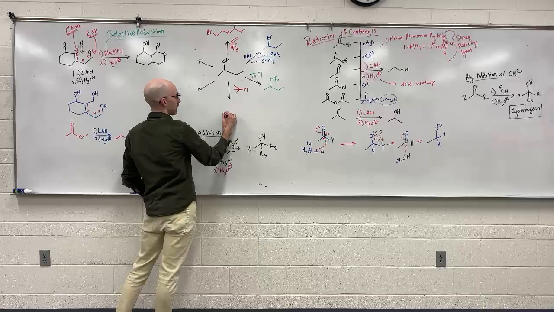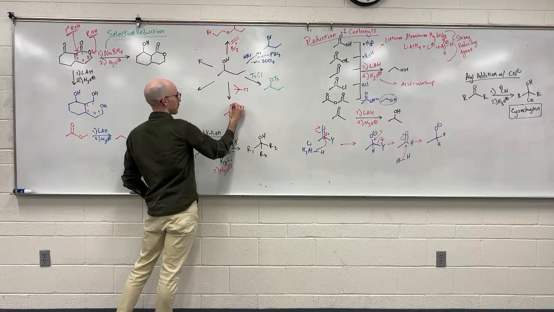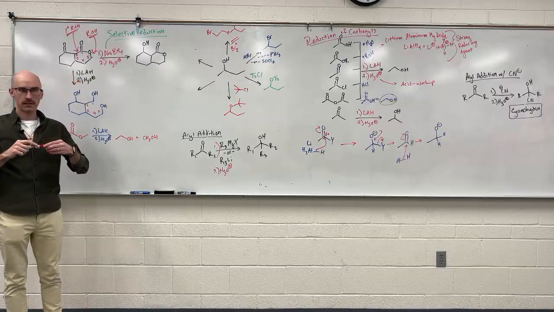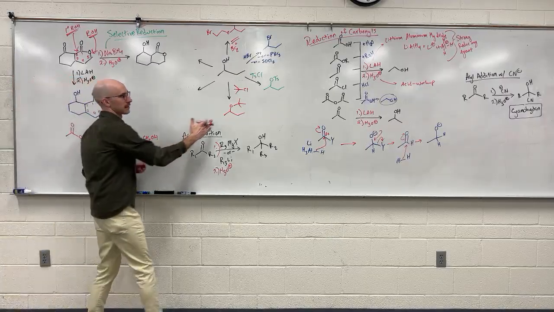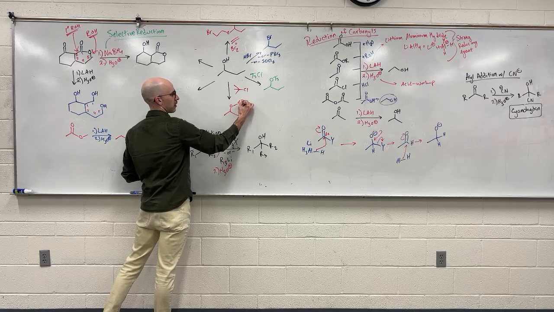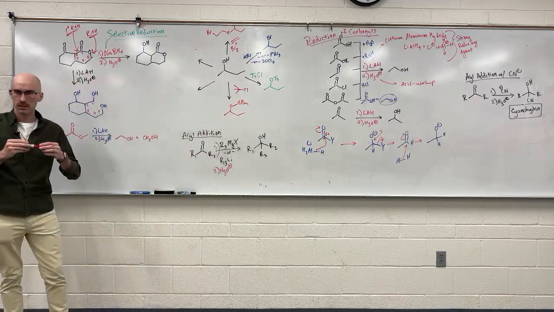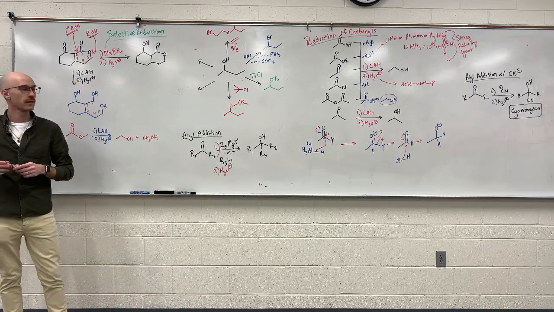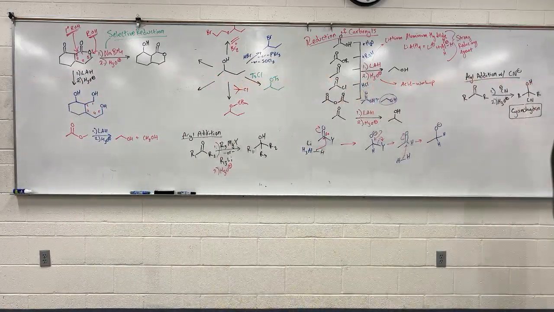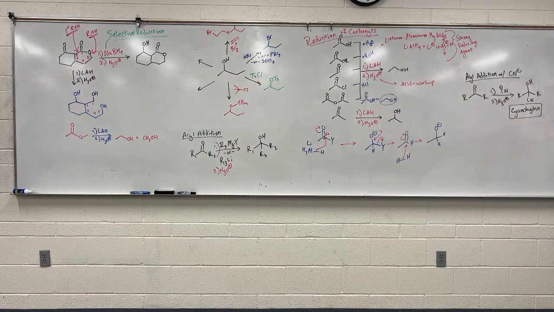And I can make ethers out of my alkyl halide. In fact, a way that would be more common to show this would be with tert-butyl, SN1, that's what that is.